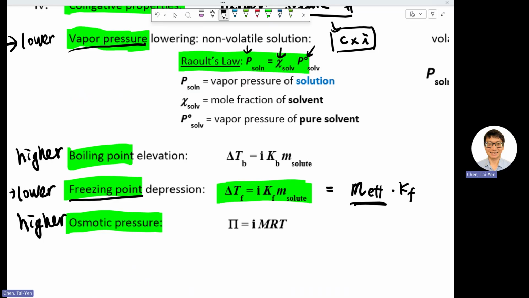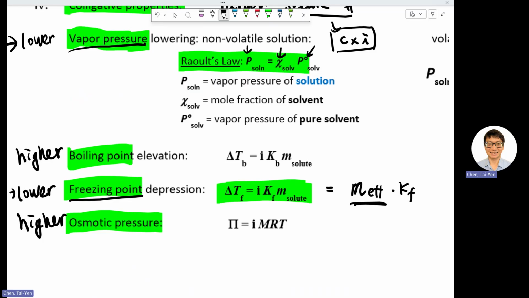We're going to apply the same concept to the boiling point. For the boiling point, it's just the opposite. Right now you have so much solute on the surface. To make the water fully evaporate, you need to go to a higher temperature to push away those things on the surface. Therefore, you can really boil. So the boiling point is going to increase.